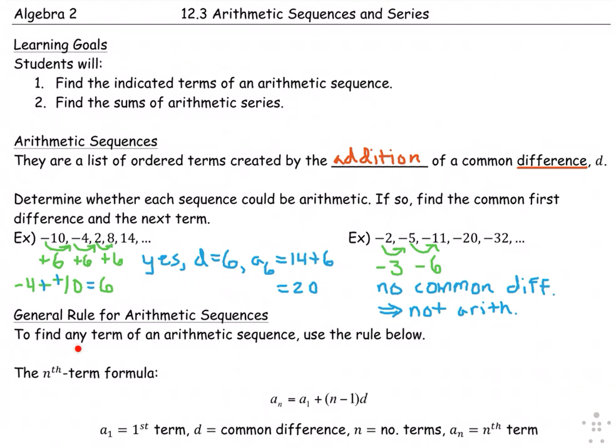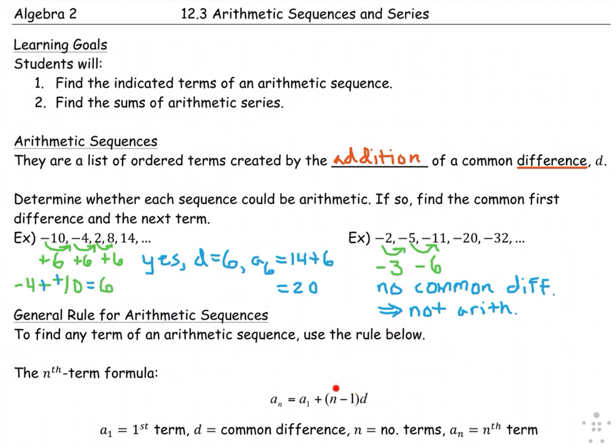To forecast to any term in an arithmetic sequence, use this formula. It's easy to derive. Looking at this arithmetic sequence, we could take the first term, which you do not need a common difference d to create because you start there, and then the number of terms minus 1 additions of the common difference d is used to generate the terms.